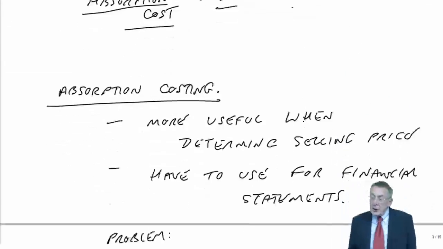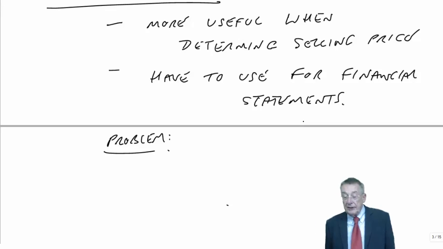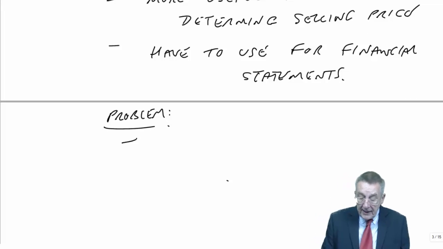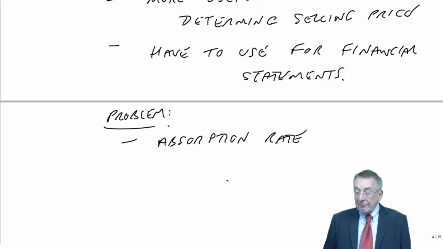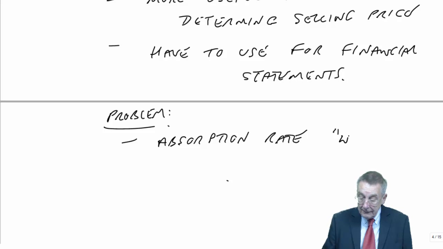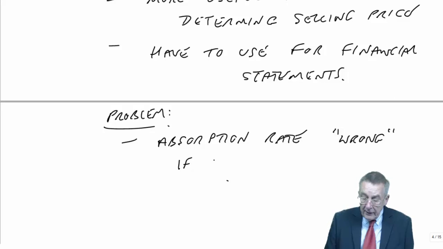So that does create a problem, which perhaps is a strength of marginal. So the problem is the absorption rate changes or is wrong. The $2, I'm trying to keep this brief, if the level of production changes.